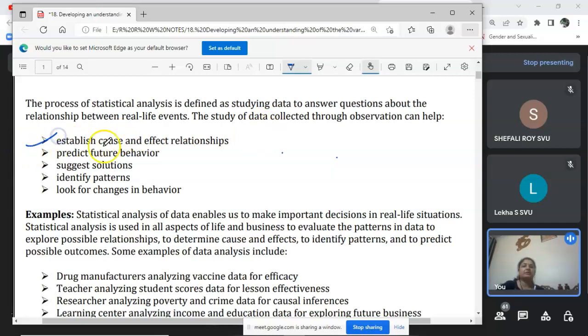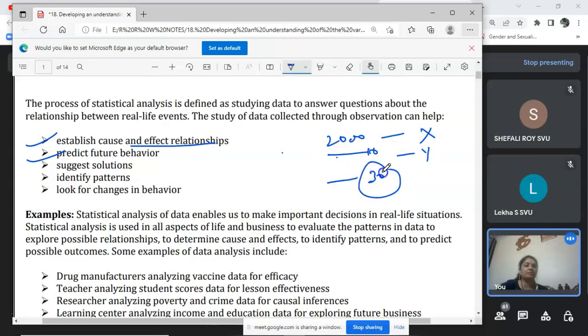First, to establish cause and effect relationship, we do it to see why it happens and what the effect will be; that is also a kind of data. Predict future behavior: if in 2000 the population is X and in 2010 the population was Y, then in 2030 approximately what will the population be? We predict based on the ratio or proportion of its increment or decrement.